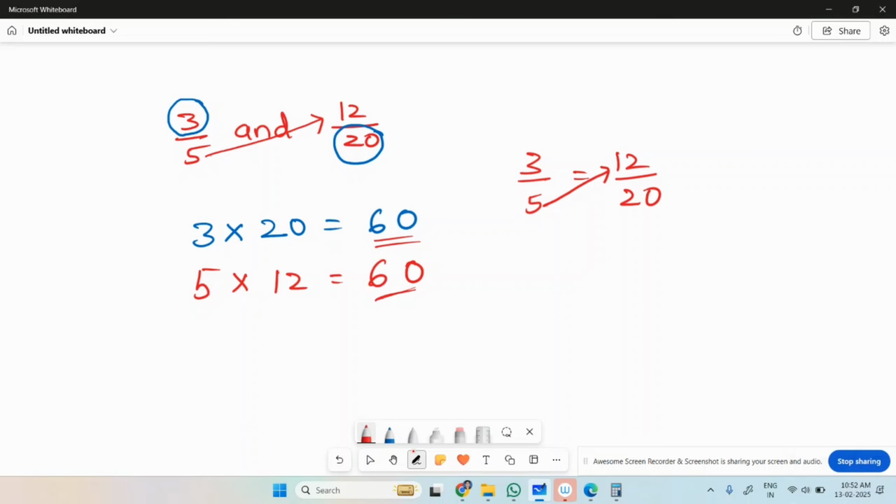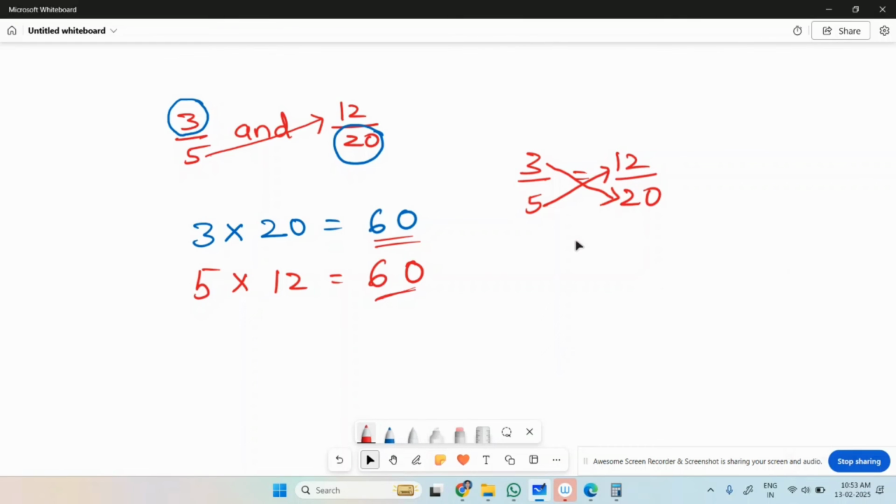We multiplied the first fraction's numerator with the second fraction's denominator. We also multiplied the first fraction's denominator with the second fraction's numerator. Basically, we do the cross multiplication. When we do the cross multiplication, both products should be the same. Then those two fractions are equivalent fractions.